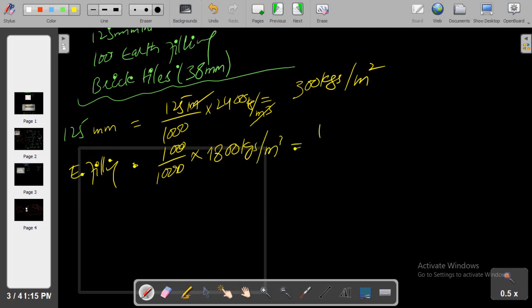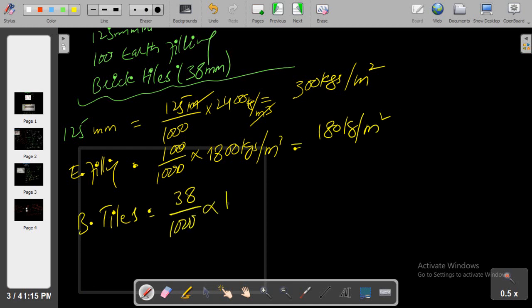So it will be 180 kg per square meter. Similarly, brick tiles: 38 mm divided by 1000 multiplied by 1930. This is the density of the brick tiles, roughly 110 to 120 pound per cubic feet, right? So this comes out to be 74 kg per square meter.